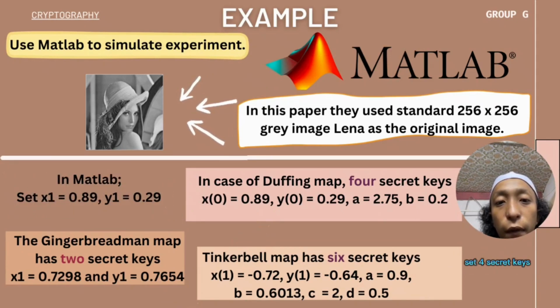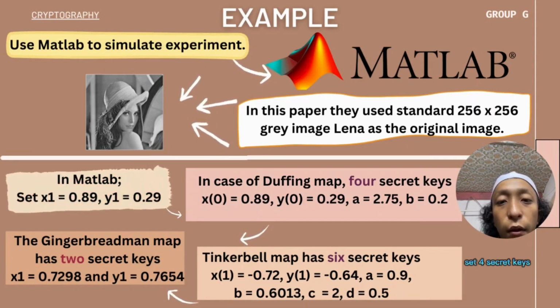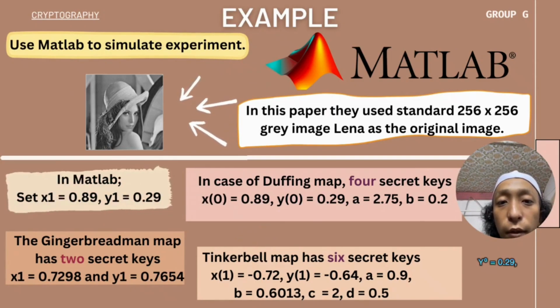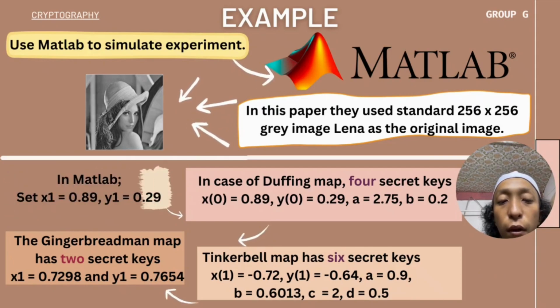For the Duffing map, the secret key is x0 equal to 0.89, y0 equal to 0.29, a equal to 275, and b equal to 0.2.